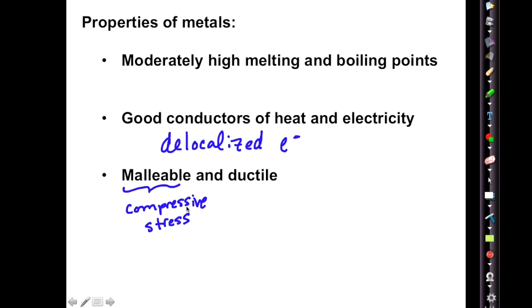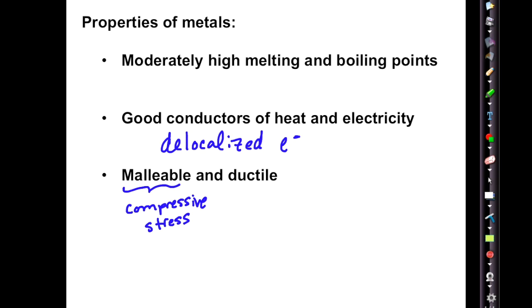So when you hammer on a metal and apply a compressive stress to that metal, the metal has the ability to change shape in response to that stress instead of breaking apart. And that is what we describe as malleability. This is, again, a result of that delocalized electron sea model.